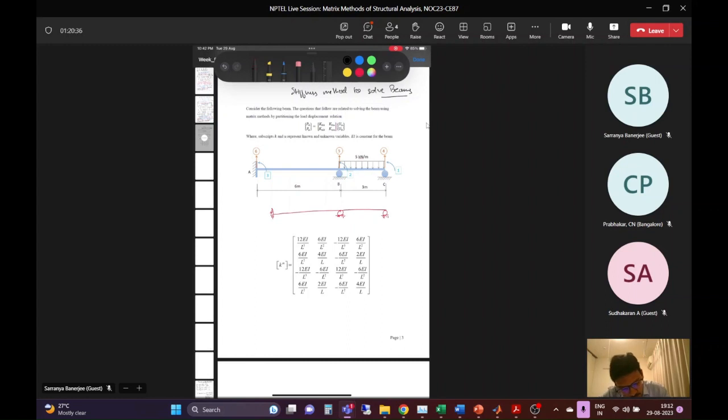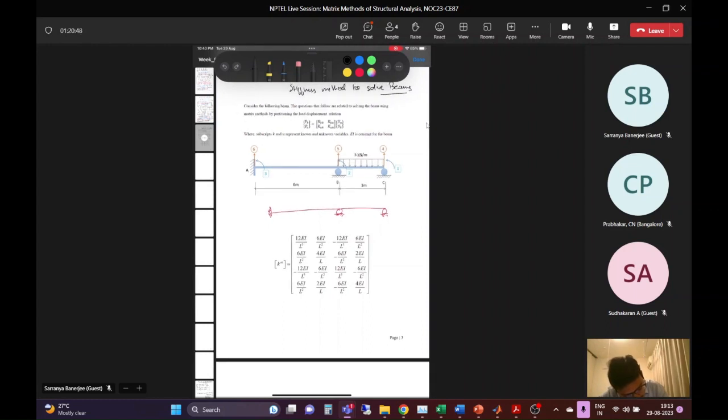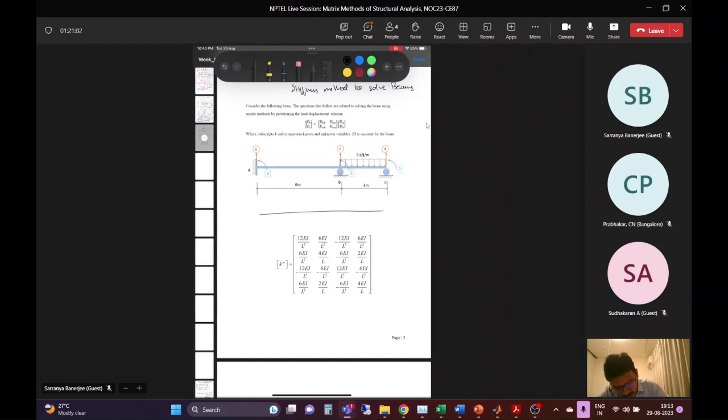We have the degrees of freedom like this. Let's say we have the beam in hand like so. We have A, B, C points like this.